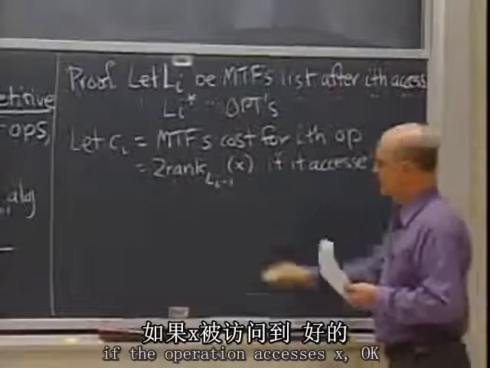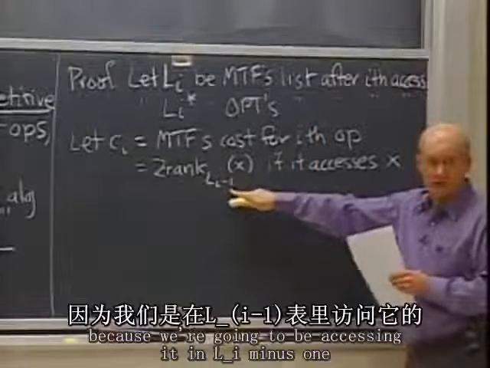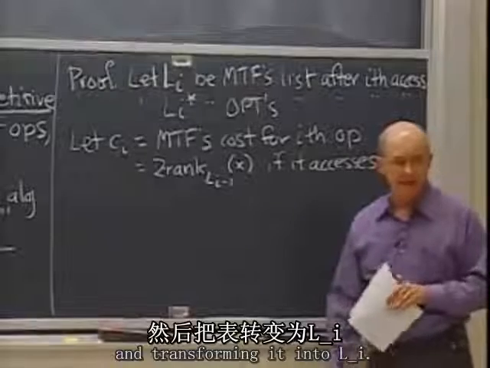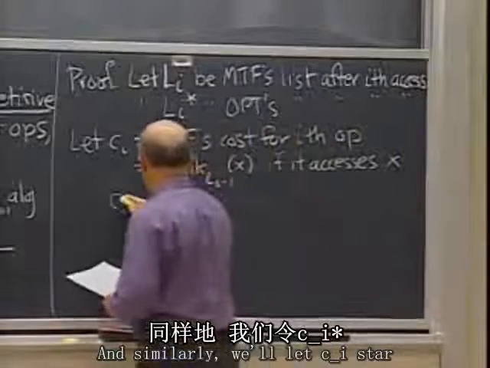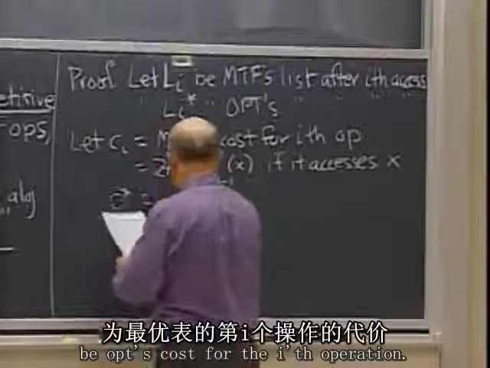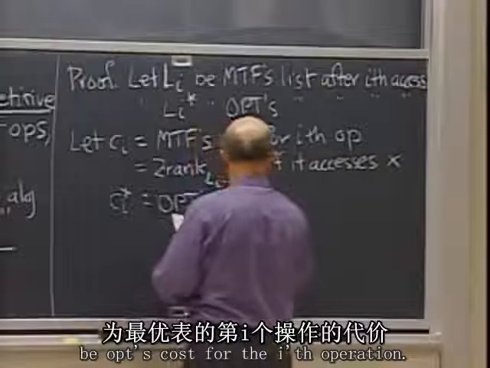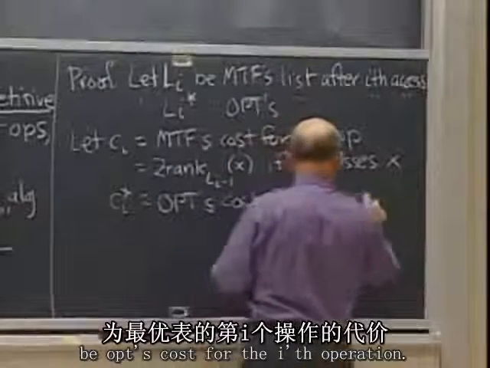Okay, 2 times the rank in L sub I minus 1, because we're going to be accessing it in L sub I minus 1 and transforming it into L sub I. And similarly, we'll let C sub I star be OPT's cost for the ith operation.